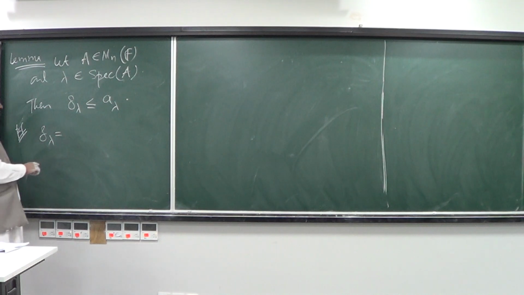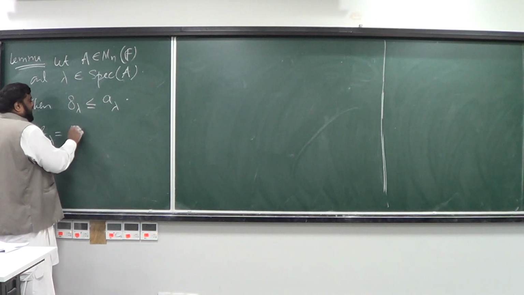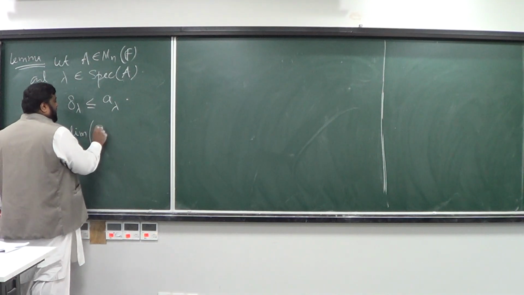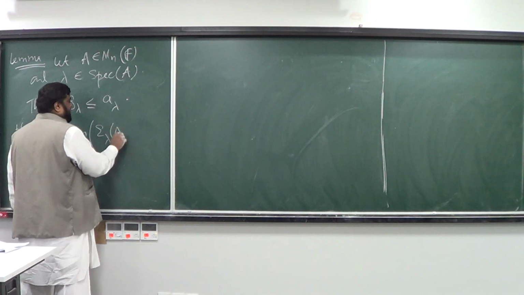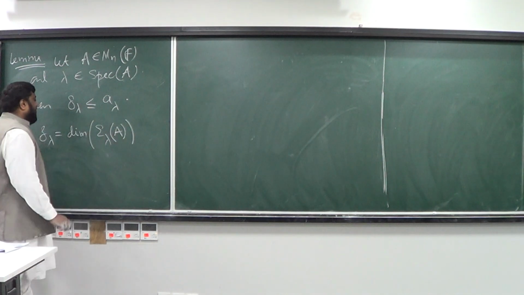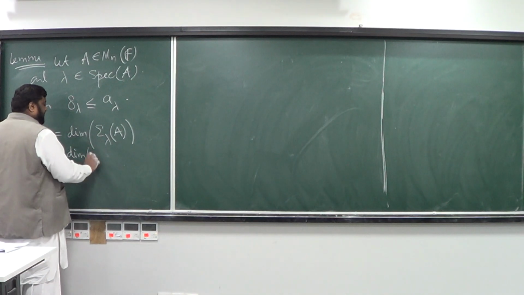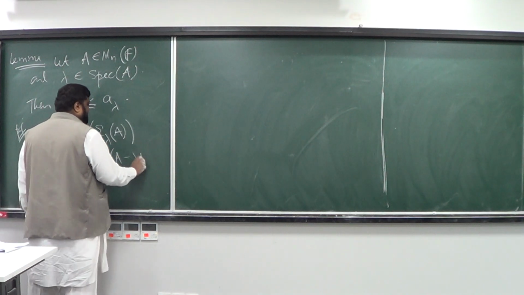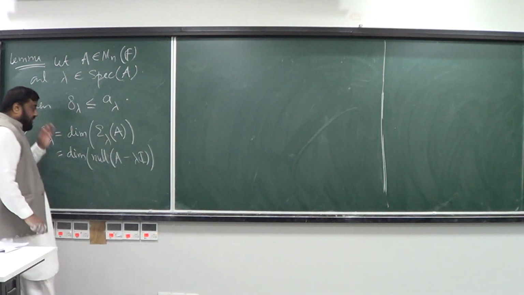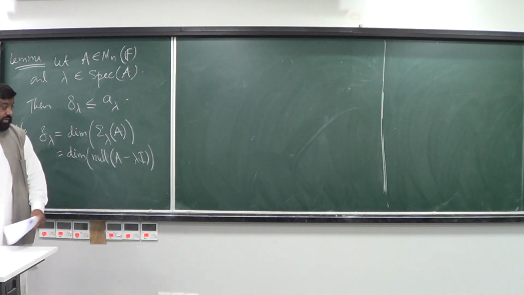The geometric multiplicity of the eigenvalue lambda is the dimension of the eigenspace of the matrix A, which is the same as the dimension of the null space of the operator A minus lambda I.